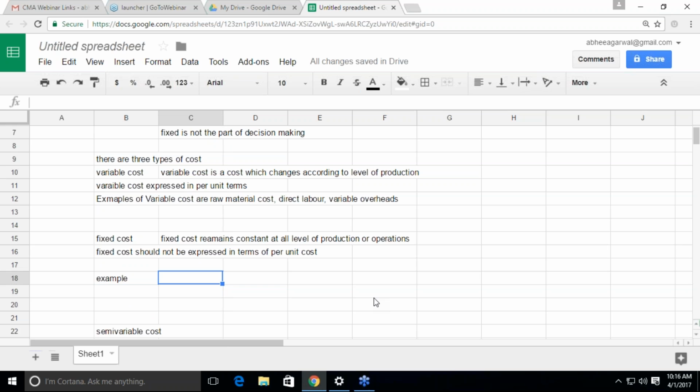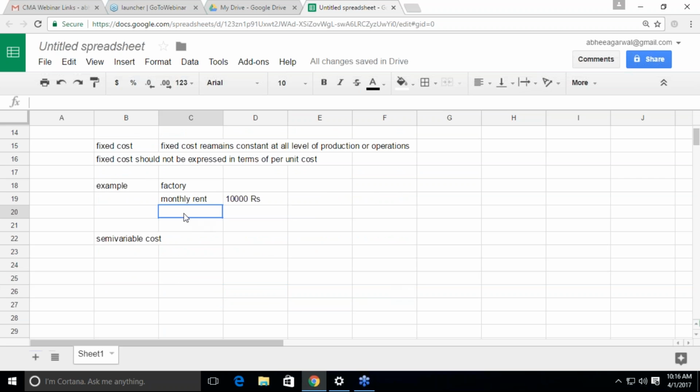Let's say there's a factory and monthly rent of factory is 10,000 rupees. You have a factory and you are doing production there, and the monthly rent of that factory is 10,000 rupees. That is fixed. Now let's take the production in the month of January. Let's say you produced 1,000 units. In the month of February, you are producing 1,200 units.